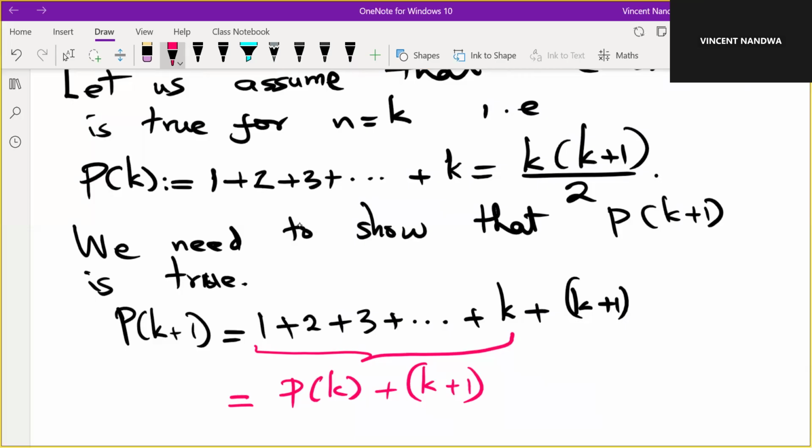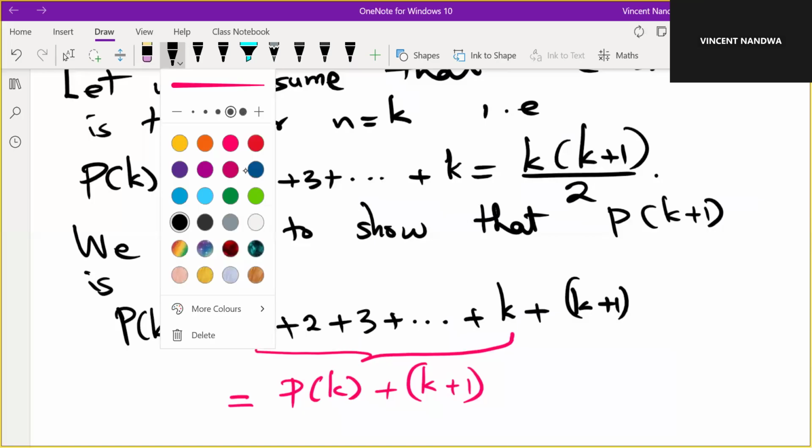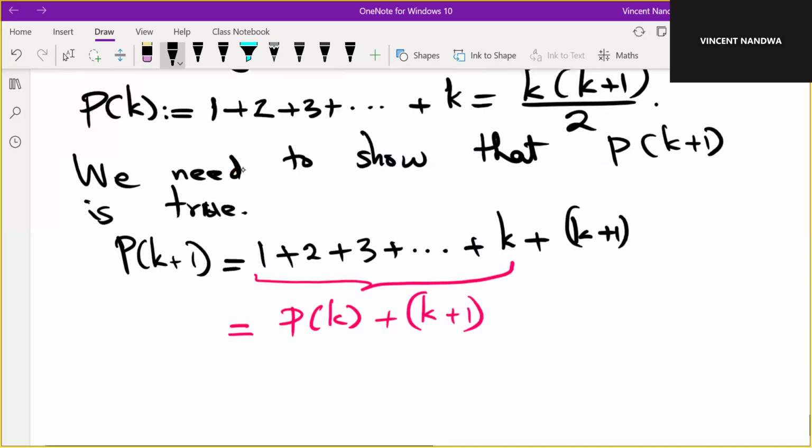What is the condensed form of P of k from the previous step? What is P of k? Correct. So this is k into k plus 1 over 2, okay?